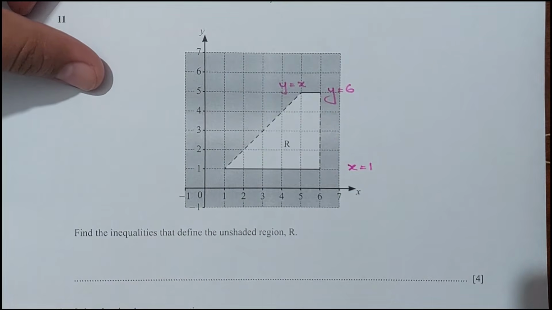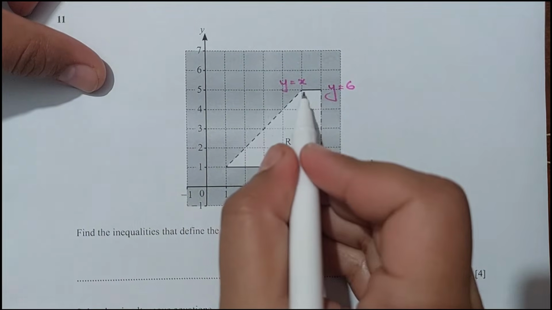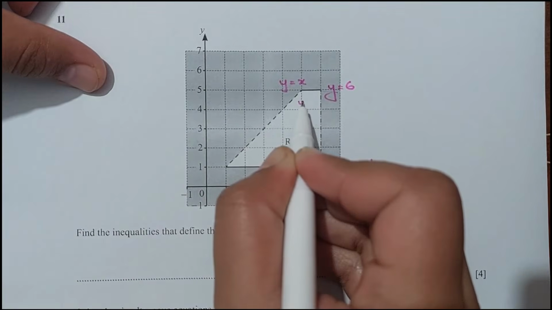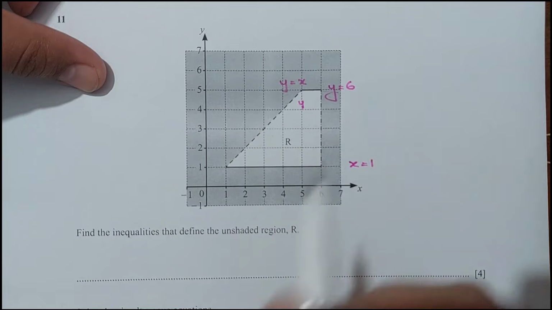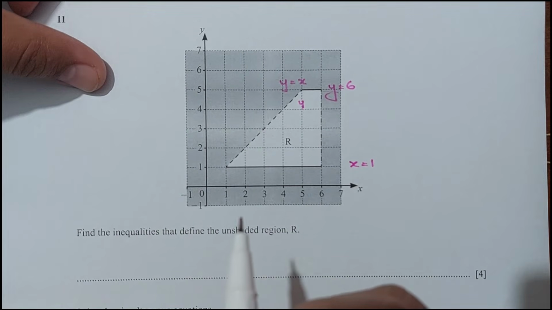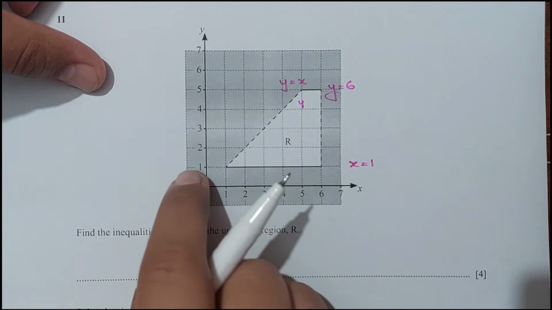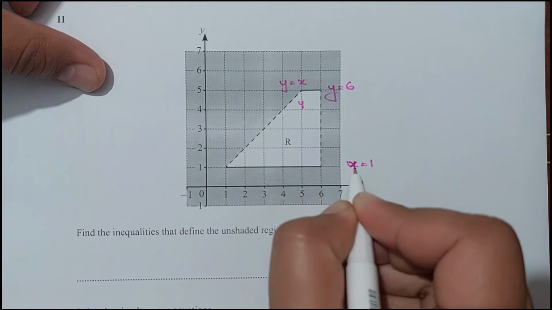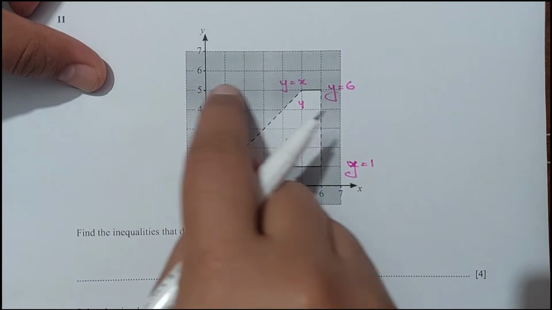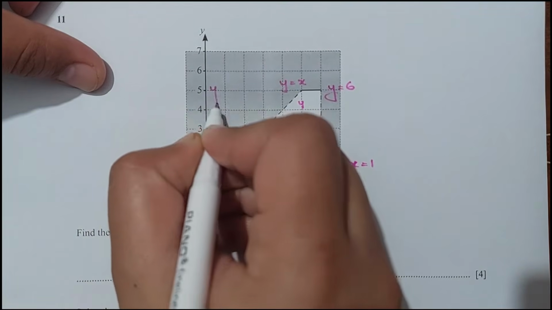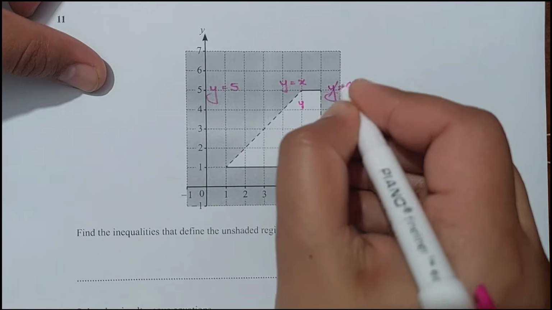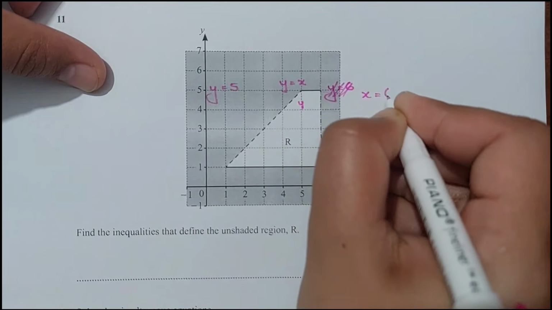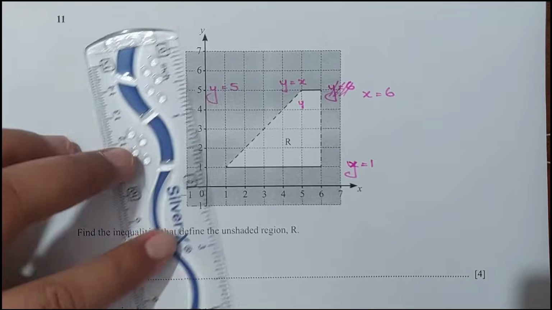The three inequalities. The first one, we can say, this solid line y equals 5, x equals 5. Wait, I messed up. I messed up, students. Let me explain one more time. This line is y equals 1, and this line is y equals 5. This is y equals x, and this is x equals 6.